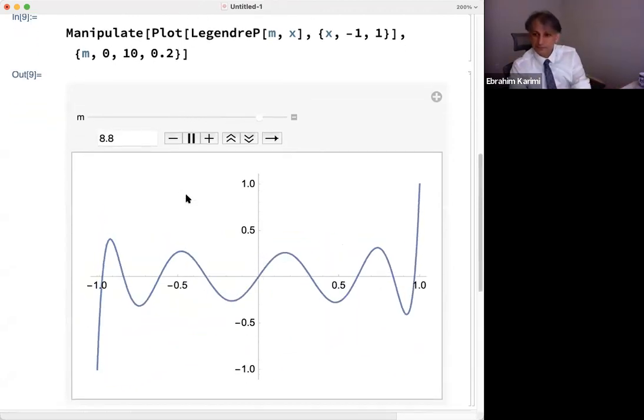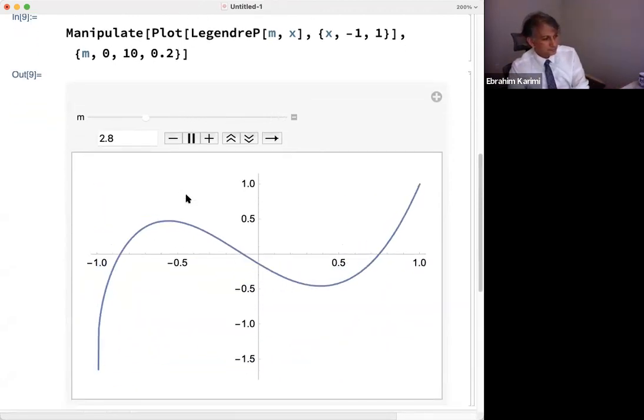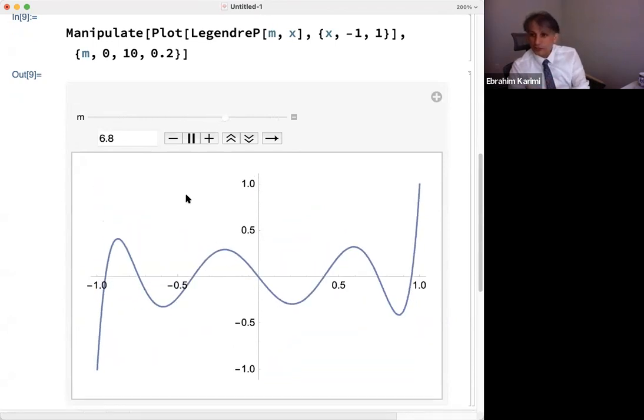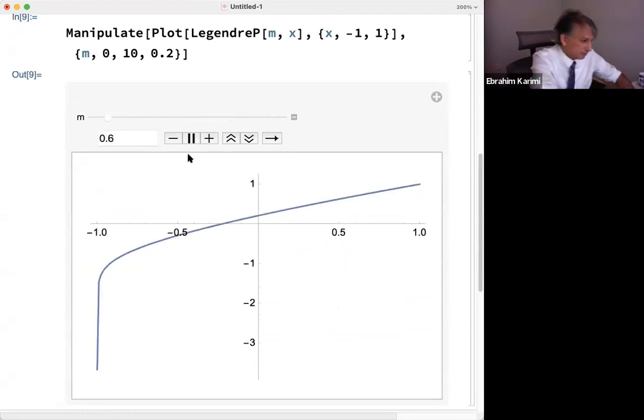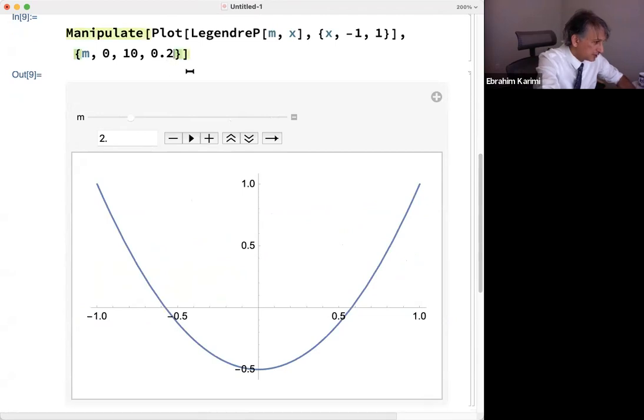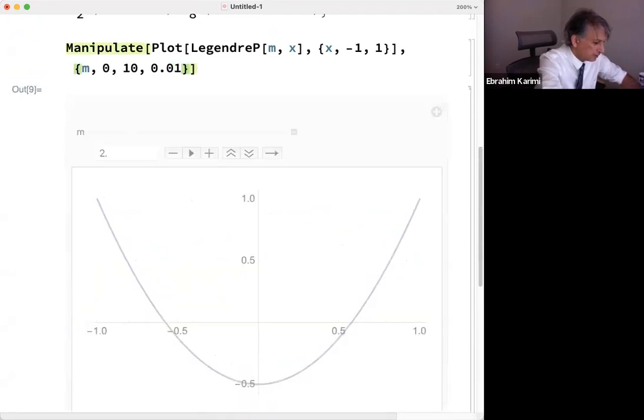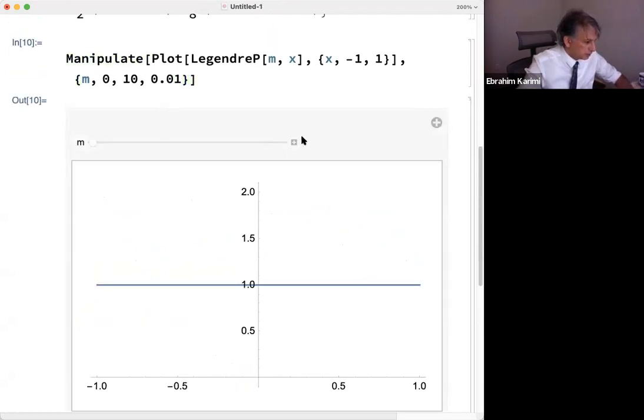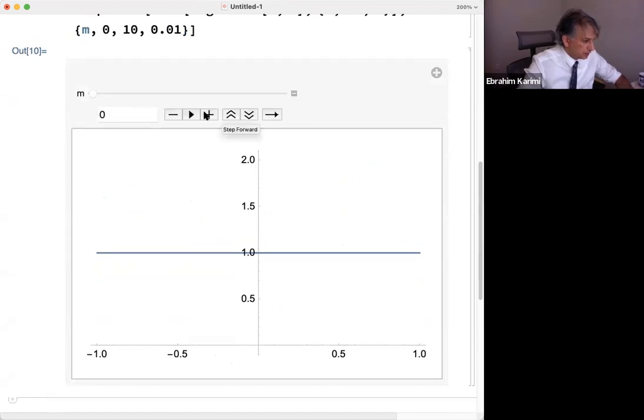Do you see? Those are the functions that you are expecting. So anything may happen. Let me stop it and let's go with an even step of 0.5. Do you know what I'm doing right now? I'm looking at the Legendre polynomial of 0.1, 0.2, 0.3, 0.5, etc., until 10, and looking at the values that you will get.